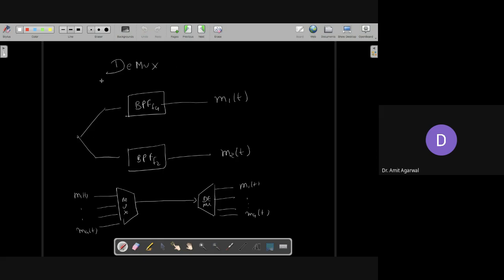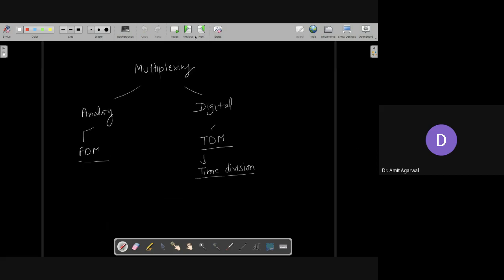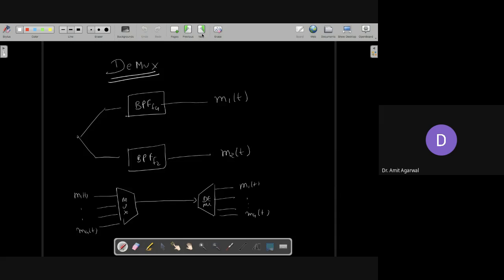At the receiver, we demultiplex the signal. These two signals are coming over the same channel. At the receiver, you put a band pass filter centered around FC1, and a second band pass filter centered around FC2. The output of the first band pass filter will be M1(t), and the output of the second will be M2(t). So this is called the multiplexing and demultiplexing process.